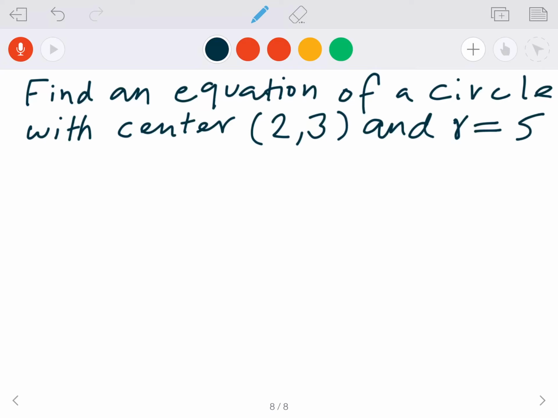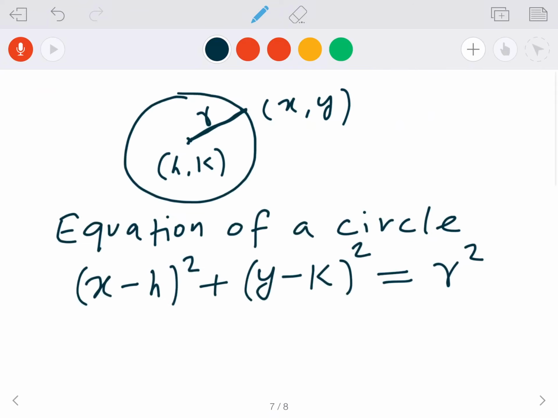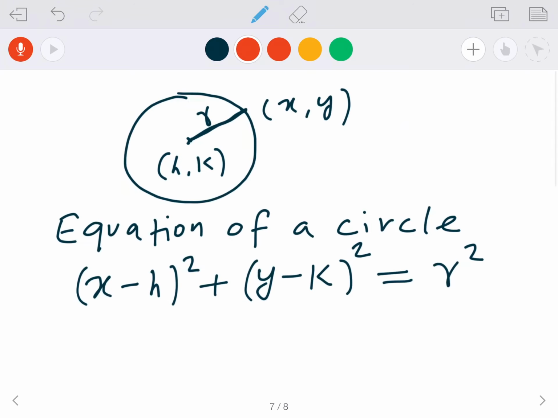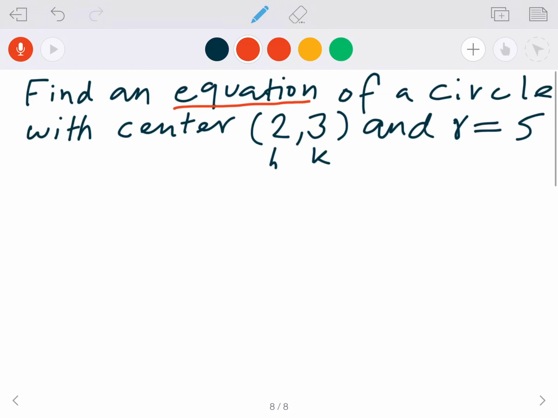Here everything is actually given. We can define the center by h and k, and the value of r is given. We are trying to find the equation, so the equation has to be in terms of x and y. So we need to plug in the value of everything except x and y, and whatever you get after that is called the equation.